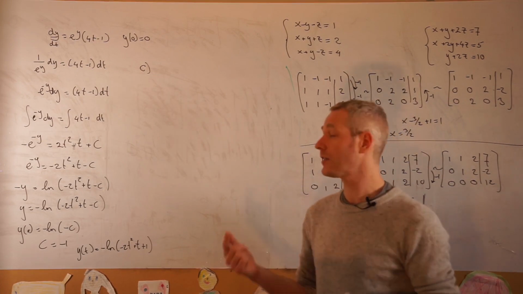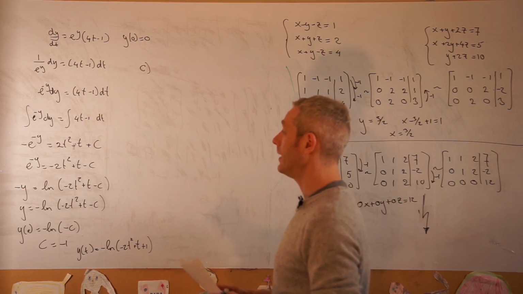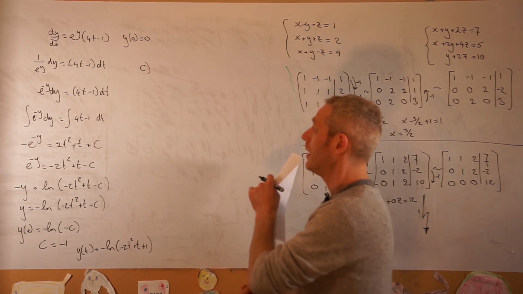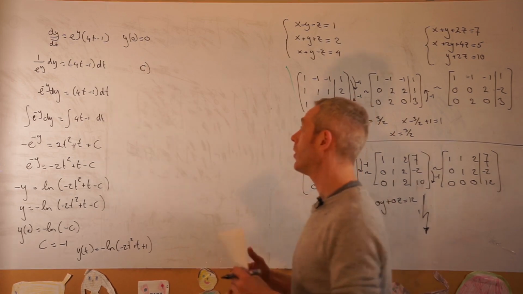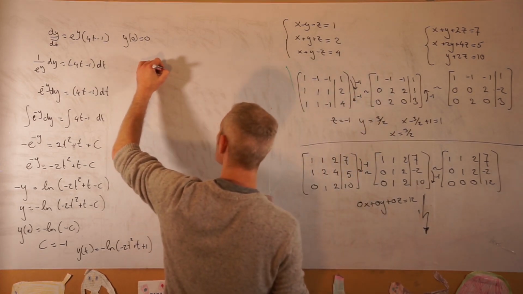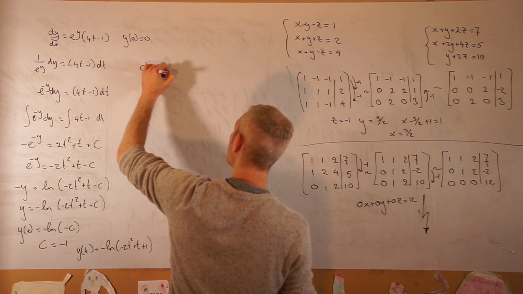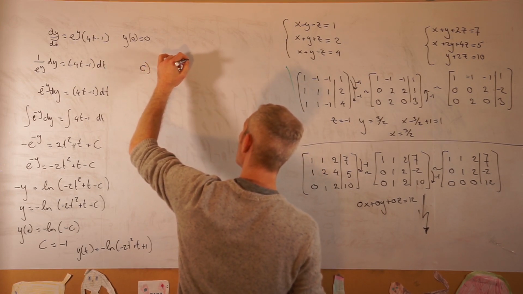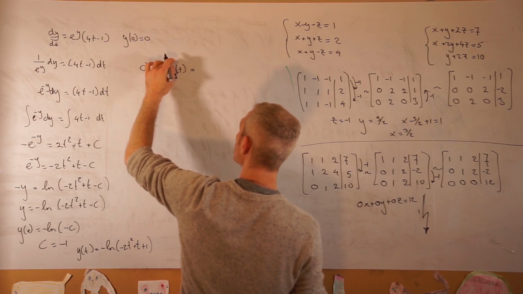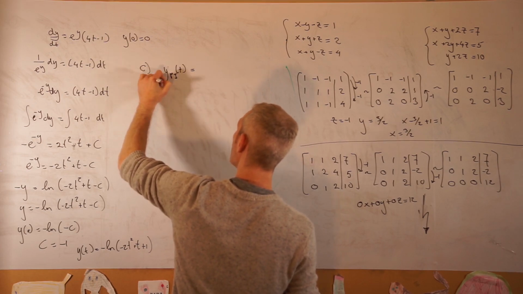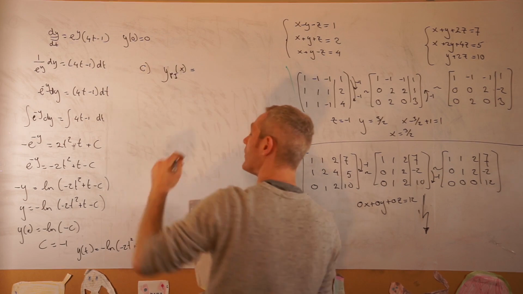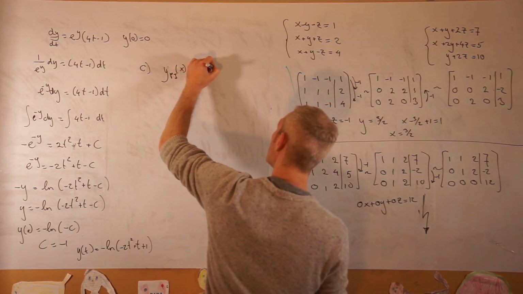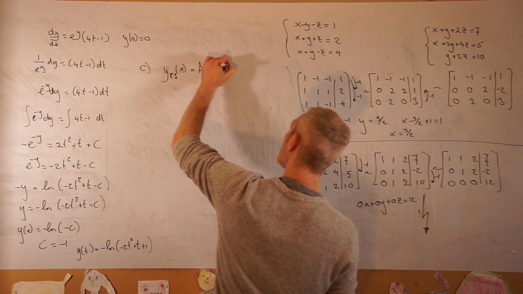For example, it doesn't contain a term in x squared, but if we have a fourth order polynomial, then our particular integral, I think it was y of x, we try a complete fourth order polynomial.